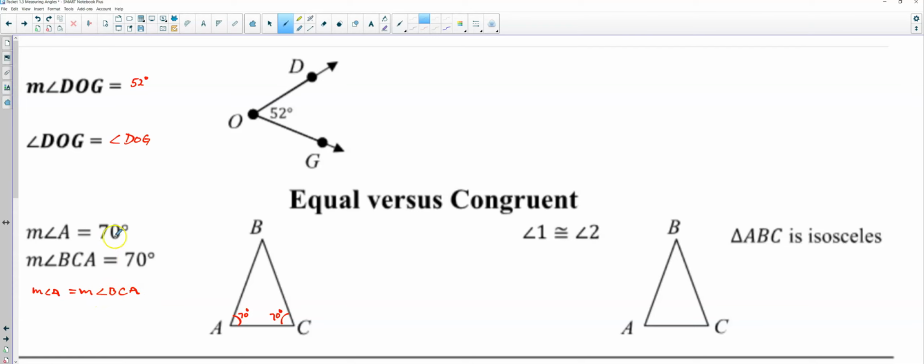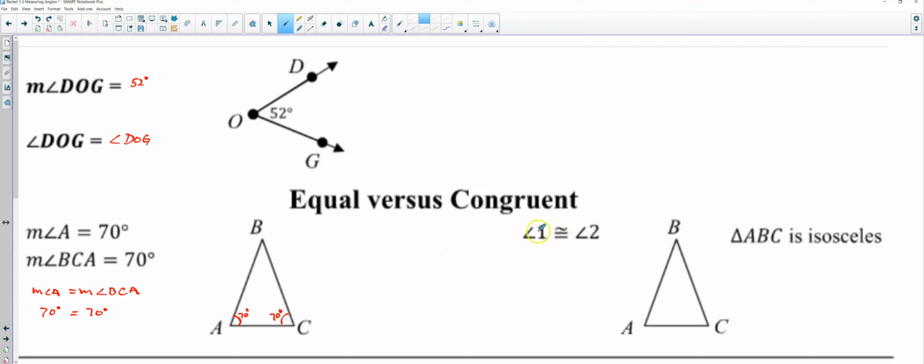I could say that because we're talking about the measure. So this one measures 70 degrees and this one also measures 70 degrees. And since we're talking about measurements, then we could say that they are equal to each other.